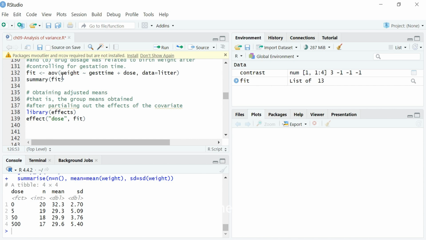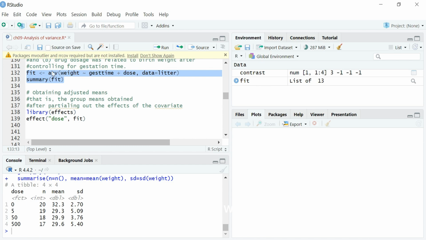ANCOVA uses the same function as ANOVA, called aov in R. We run aov with weight, then on the right side of the tilde we put gestation time first, because this is a covariate, a continuous variable. Then dose, the categorical variable, is the factor for the treatment groups in the ANOVA.